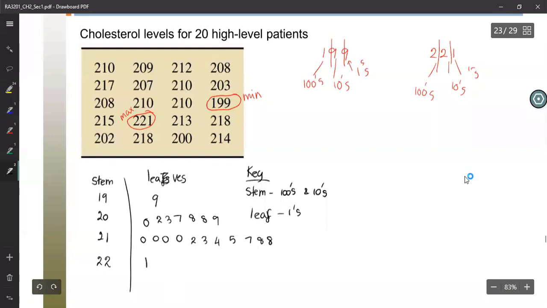Right. Now what do you see here? For 19 and 22, just one. For 20, a lot of values. For 21, another lengthy set of numbers, right? Now, do you think there will be a better way to do this stem and leaf diagram?